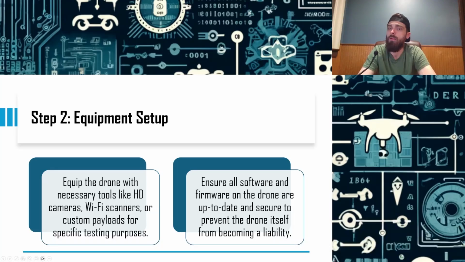So on top of setting up the drone physically, we need to make sure that the software is good on it too. So we want to make sure that all our software is up to date, all of our firmwares are up to date. Oftentimes with modern drones, the drone itself is going to have firmware, the RC is going to have firmware, and especially with DJI drones, there's firmware for the batteries as well.